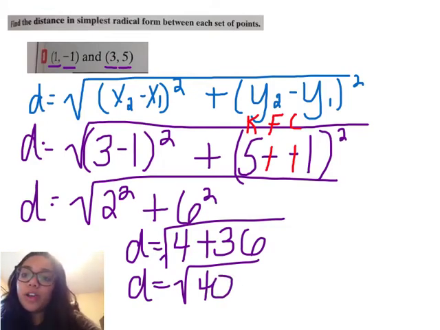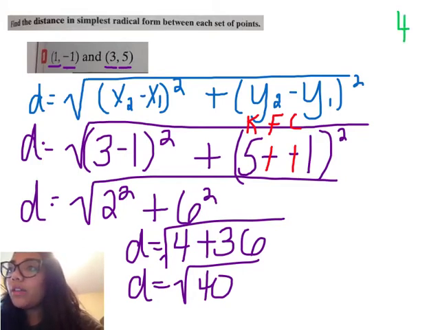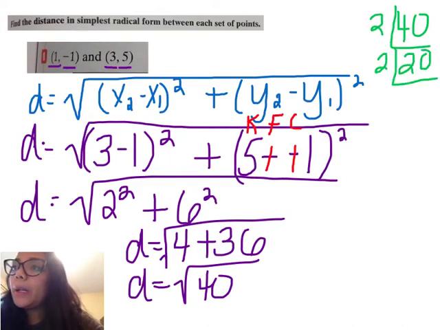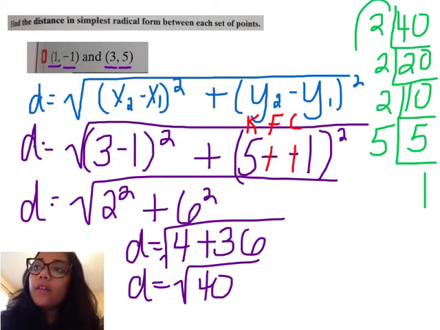How can I simplify the square root of 40? Well, I know it's not a perfect square, so I have to do the upside down cake. Divided by 2 is 5. Divided by 5 is 1. So I have a pair of 2s, so that will be on my outside.